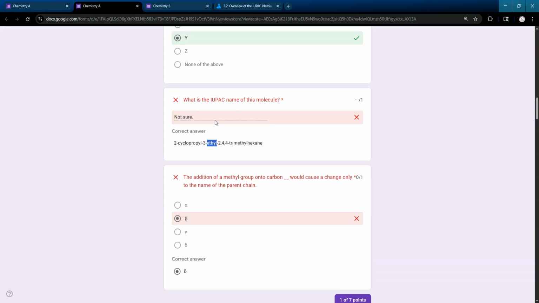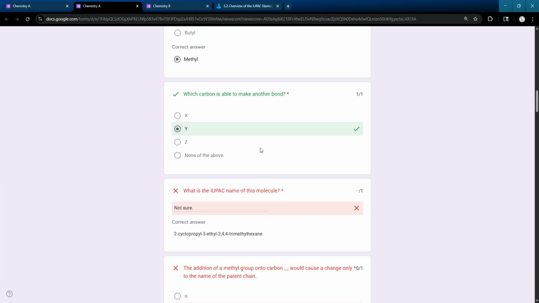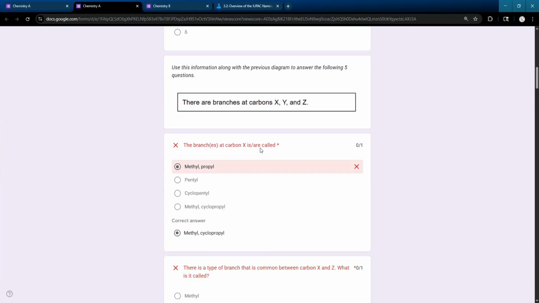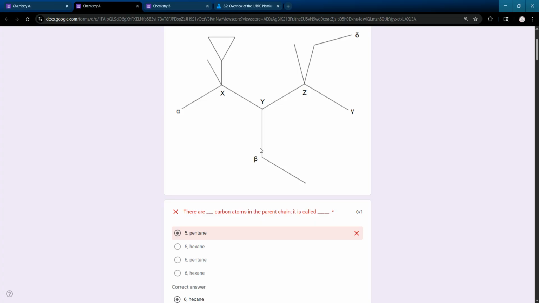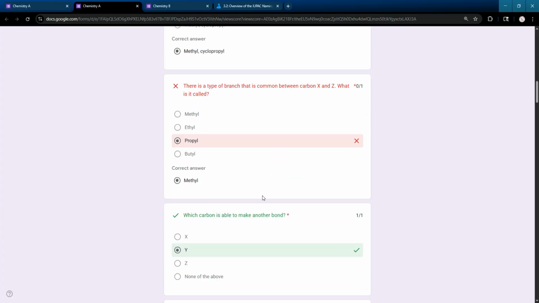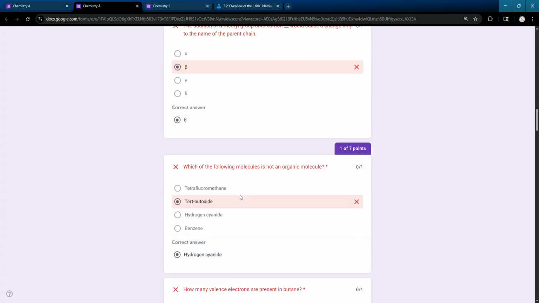So parent chain should be 2,4. Not sure where some of the numbers came from, but that's okay.